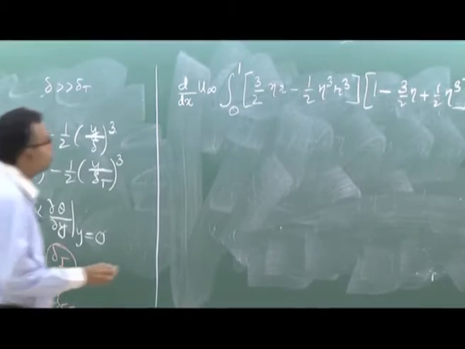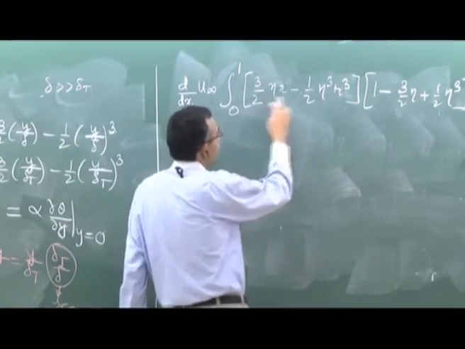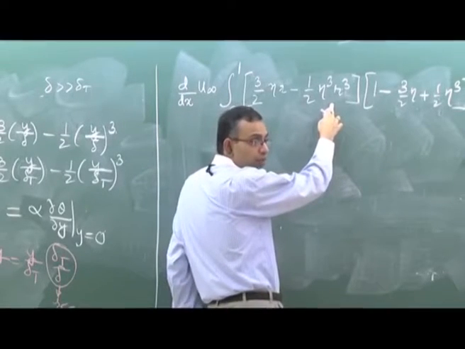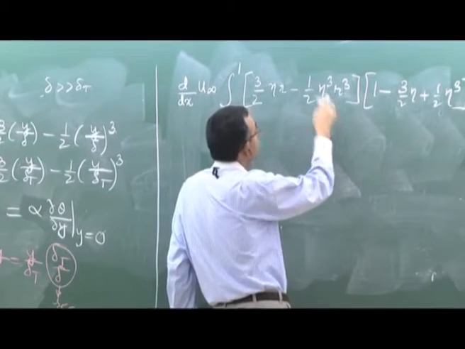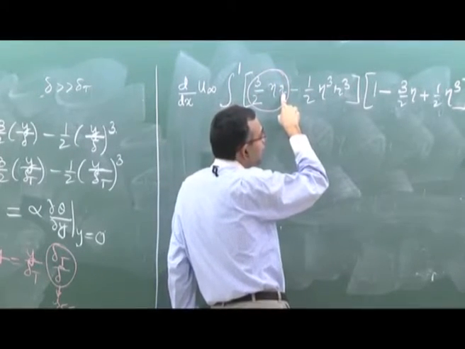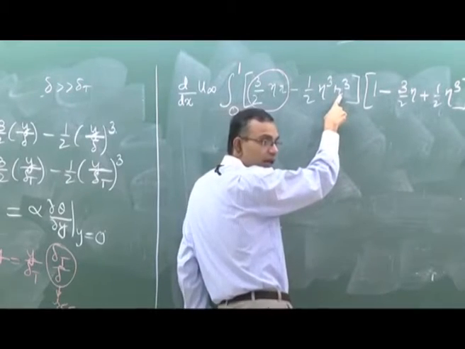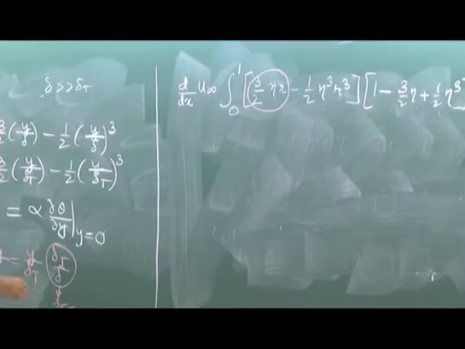Now, when you multiply this term with this term, out of these two, which one will be of dominance? This one will be of dominance because R is expected to be much greater than R cube for small R, right.